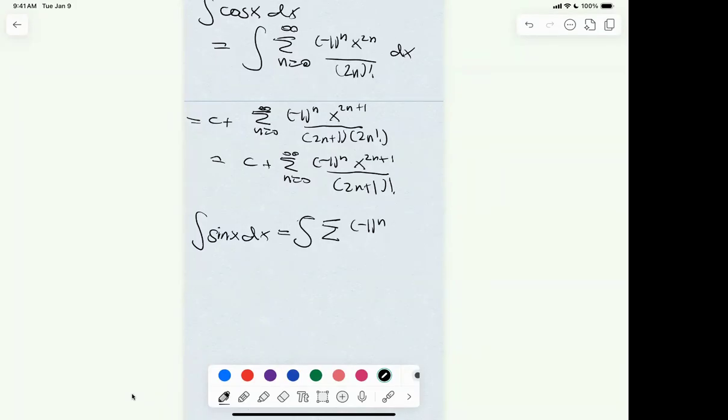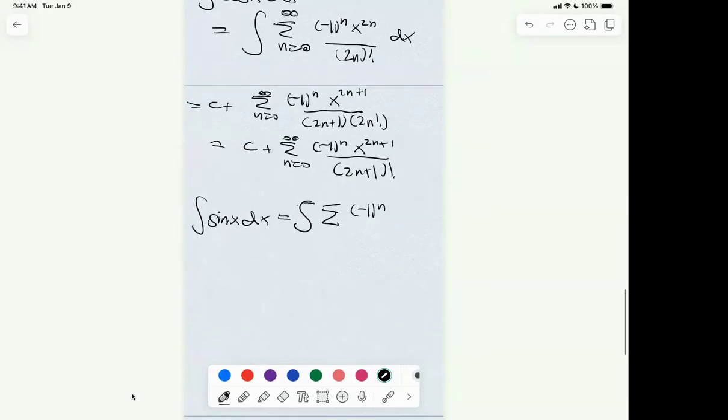Actually, this is a good example because sometimes you can write the Taylor series in different ways which don't look exactly the same, and it's good to understand where the difference is. So let's see if maybe this is what you're wondering. And then you integrate each term.